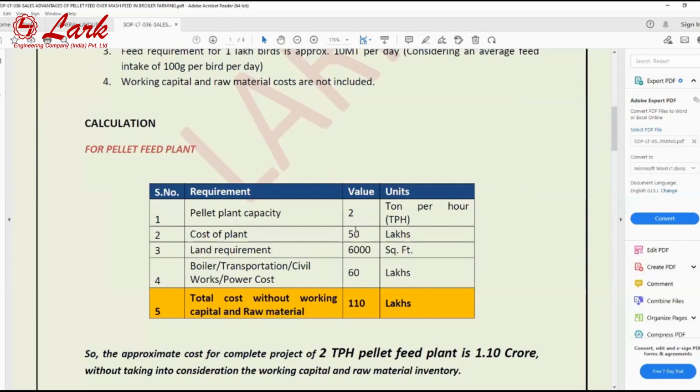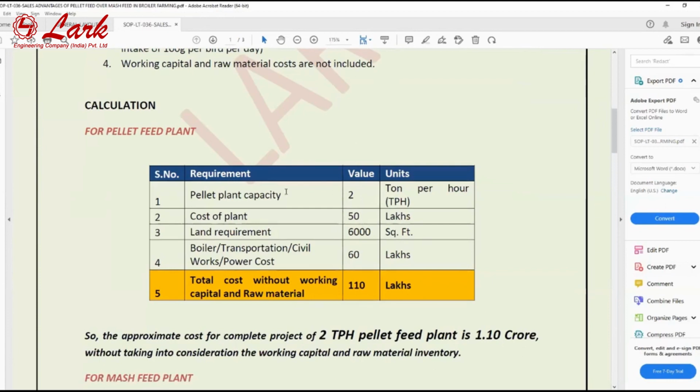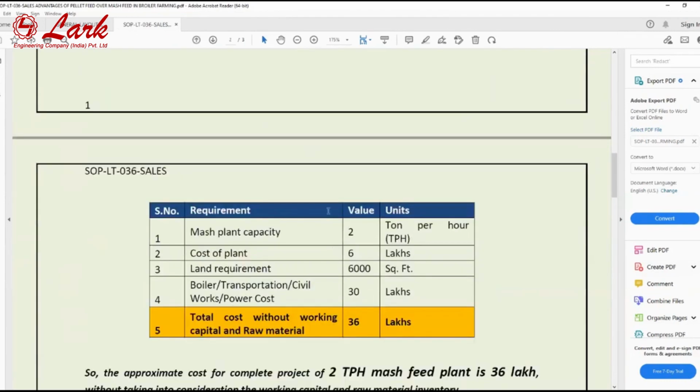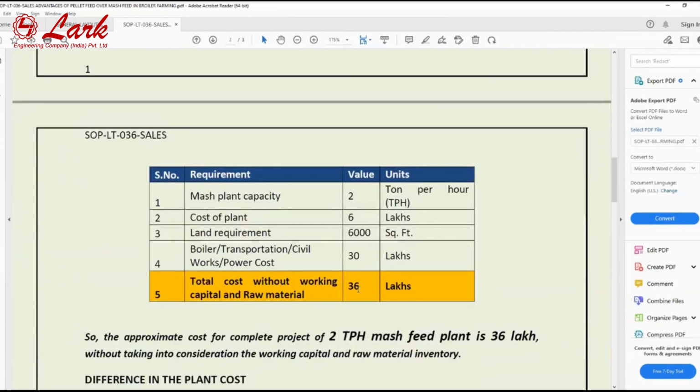Now the price of the feed mill may differ, but we can see the comparison. For a 1 lakh broiler farmer, if he installs a pellet feed plant, that is the approximate budget. Now this budget may be around 1.8 or 1.9 crore, almost double. And then we calculate the same for the mash feed, that is around 36 lakhs. Now this will be around 50 or 55 lakhs.